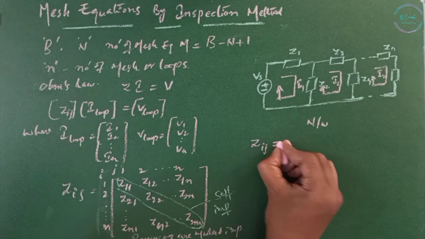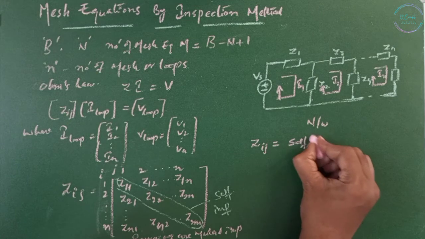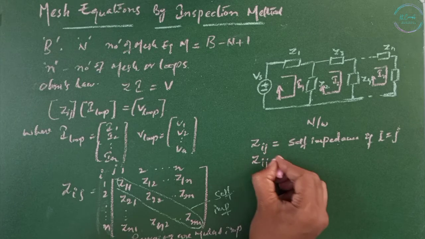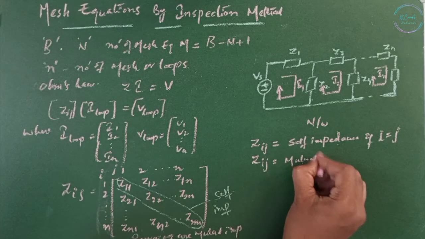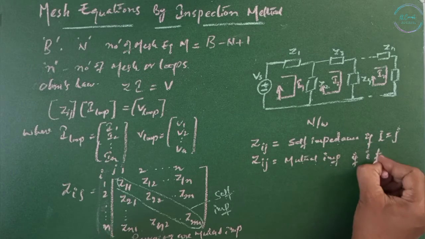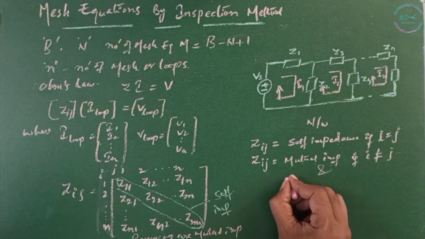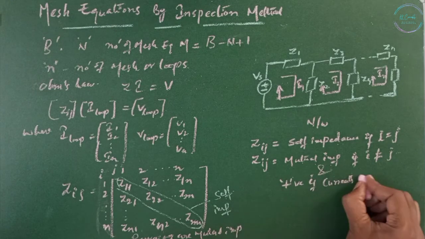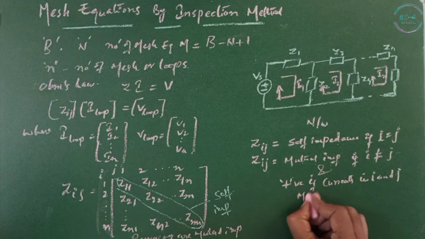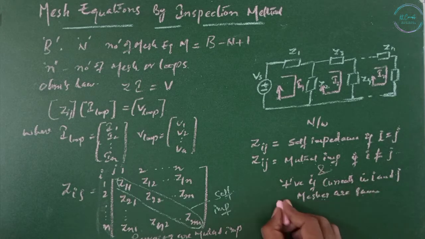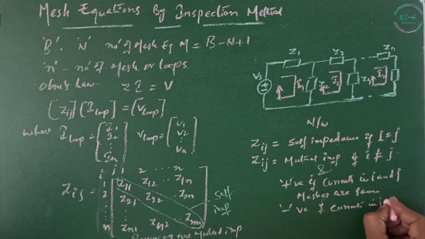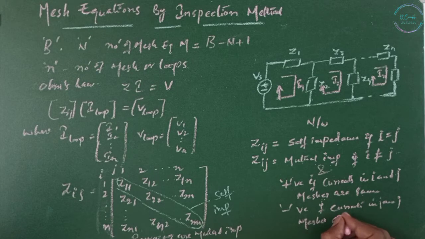Zij equals self-impedance if i equals j. Zij equals mutual impedance if i is not equal to j, and it is positive if the currents in the i and j meshes are in the same direction, and negative if the currents in the i and j meshes are opposite.